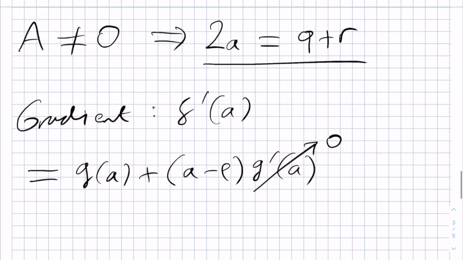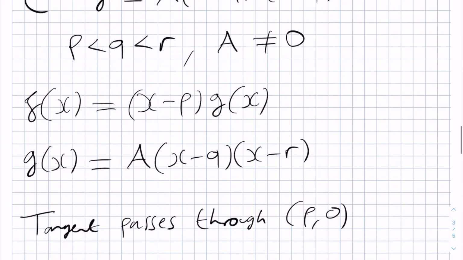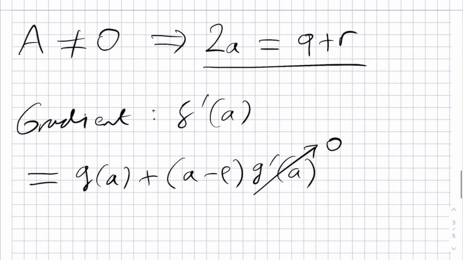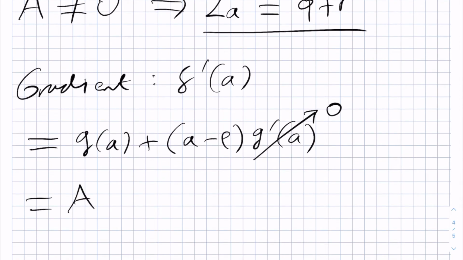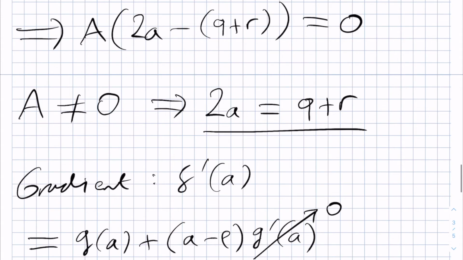Looking at the definition of g of x, this is equal to capital A times (a minus q) times (a minus r). Now, the question wants us to find an expression for this gradient in terms of capital A, q, and r. And so we need to eliminate the small a. Luckily, we have an equation here that does just that.